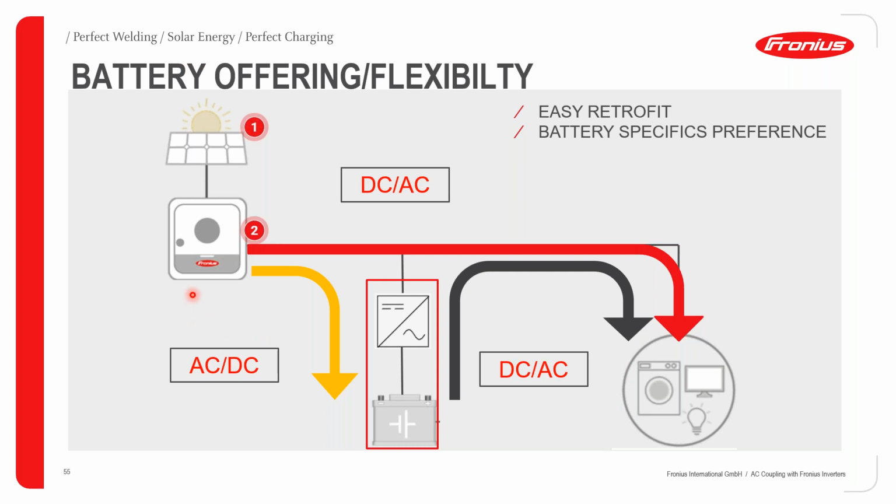Secondly, it has to be compatible with the battery. And we're talking about a high voltage battery in this case, compatible with the hybrid inverter. But in this case, there is no such restriction, meaning that you can connect different sorts of battery to the AC line, using the battery inverter.